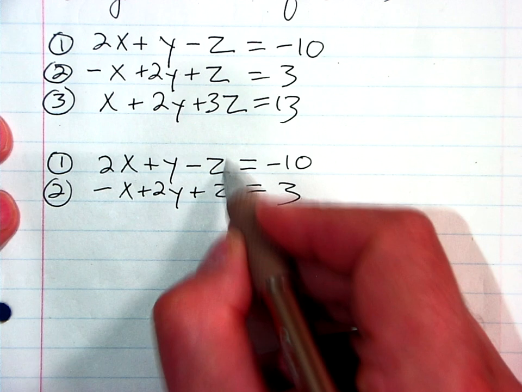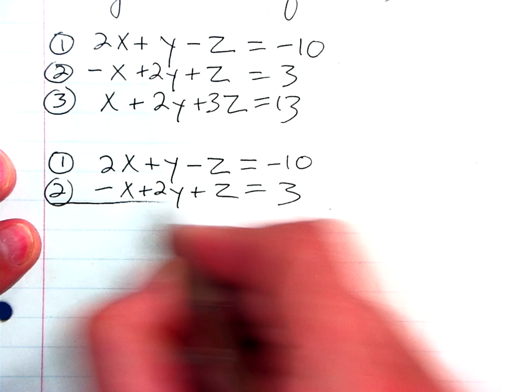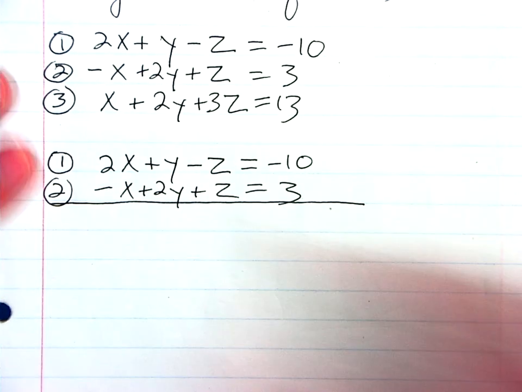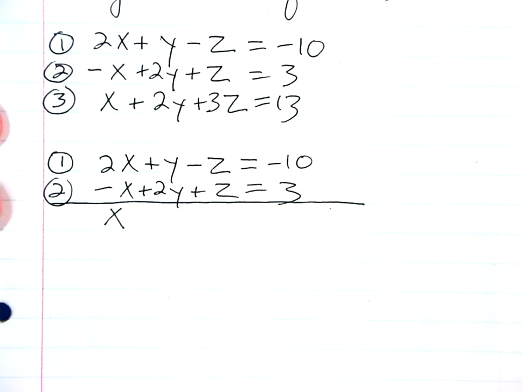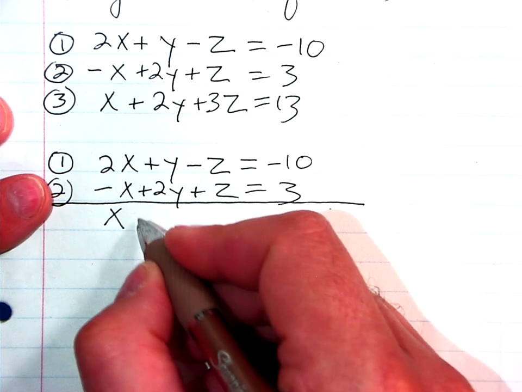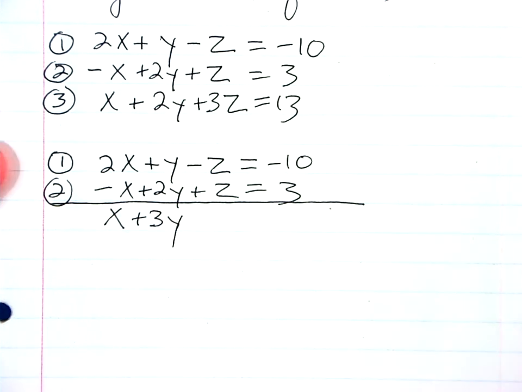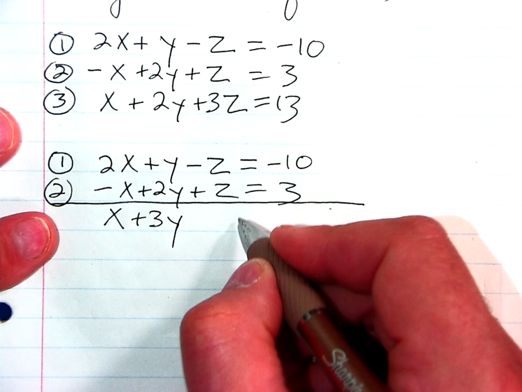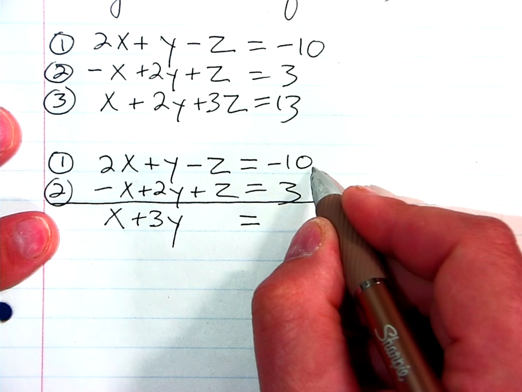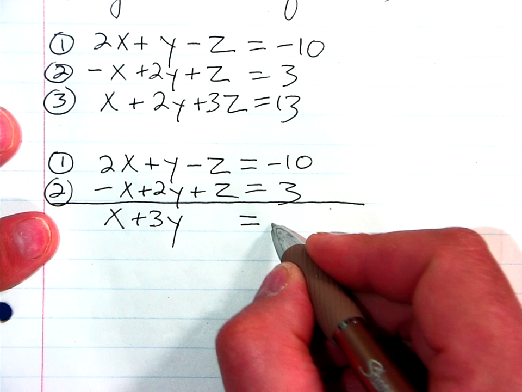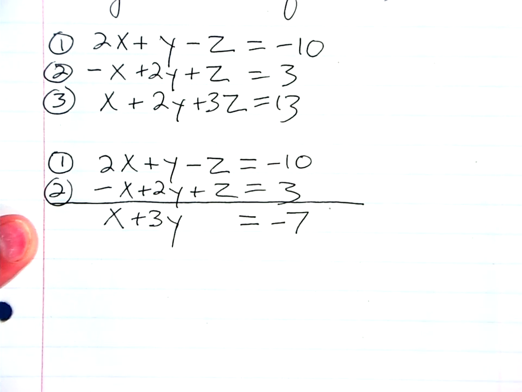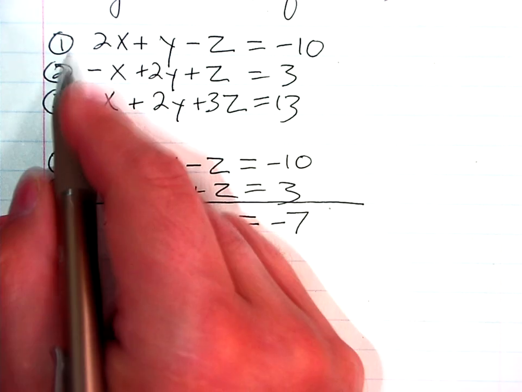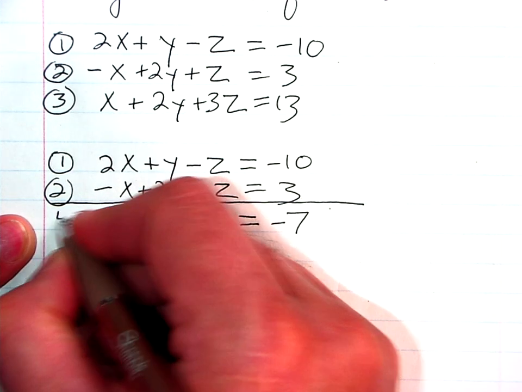So since I have a positive and negative z, I'm just going to draw my line underneath them and then combine them. 2x minus 1x is x. 1y plus 2y is 3y. Negative z plus z is 0. We eliminated our z. Negative 10 plus 3 is negative 7. We just created what? A new line, so we got to give it a number. It's only fair. We did 1, 2, and 3, so this one's going to be 4.